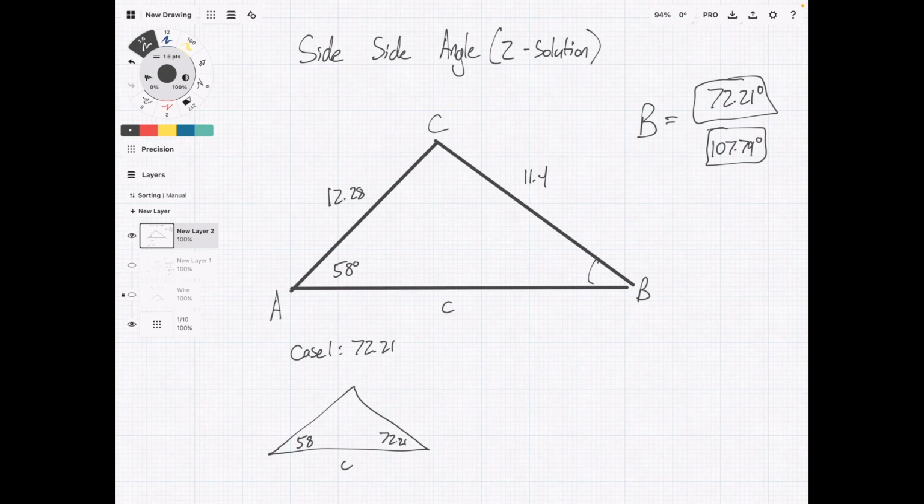This is C, A, B. Okay, so to find C, we just have to take 180 and subtract the two values that we have, which is 58 and 72.21. That's going to leave us with 49.79 degrees. So that looks plausible.